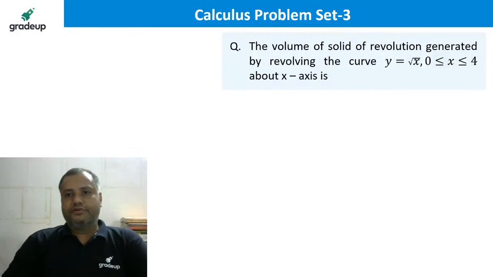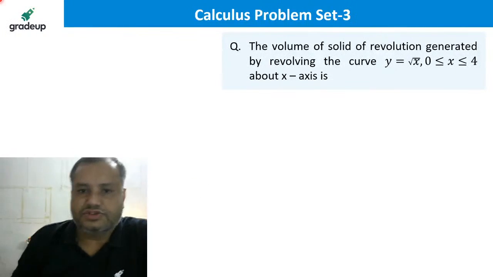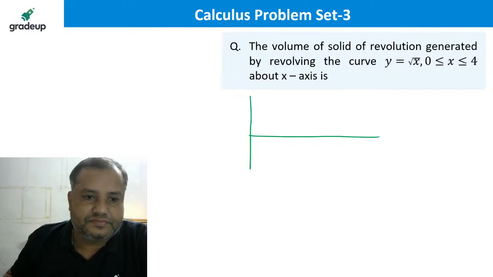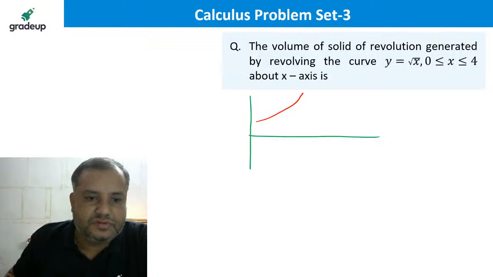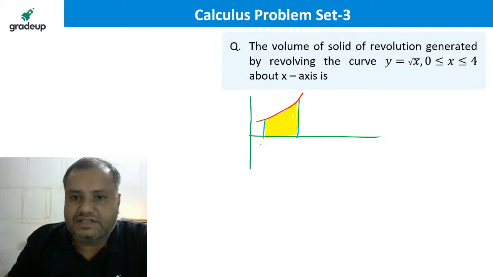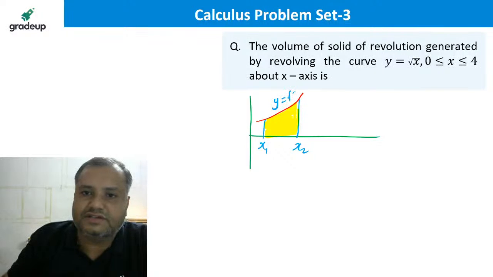So the volume of the solid of revolution generated by revolving the curve y equal to root x. Okay. So what is a solid of revolution? Look. If there is a bounded area on the xy plane, let us say this point is x1, this point is x2, and this is y equal to f of x.